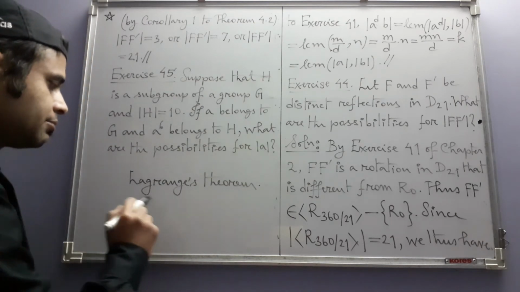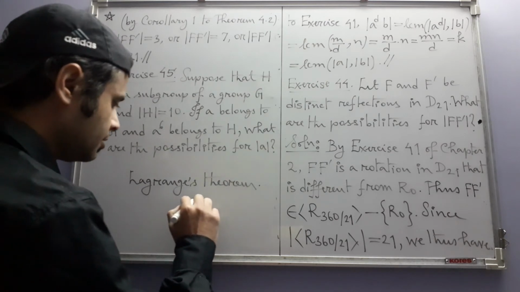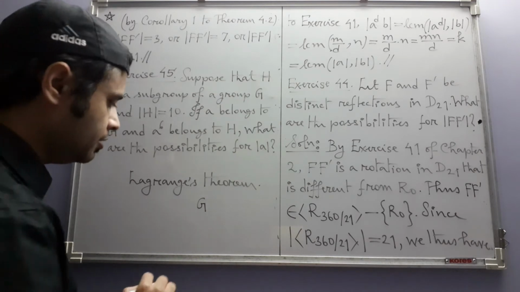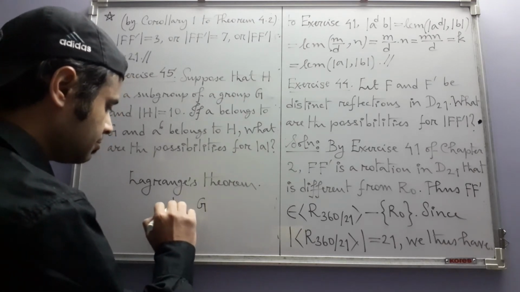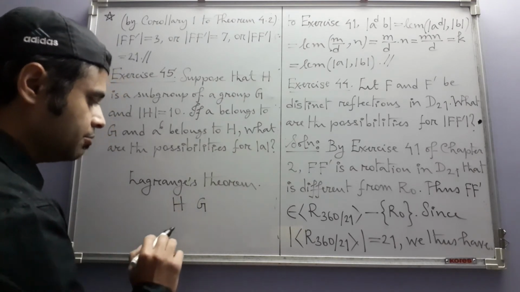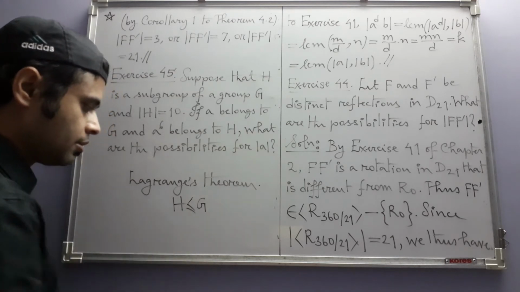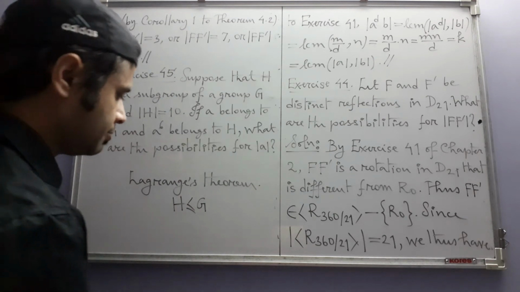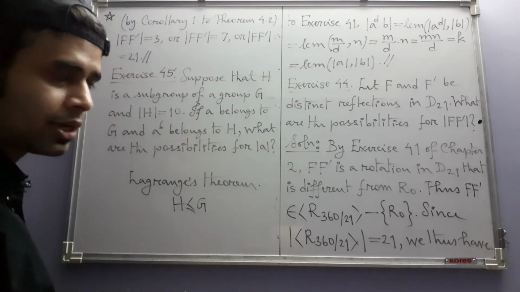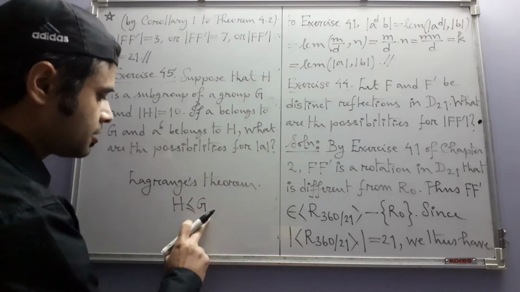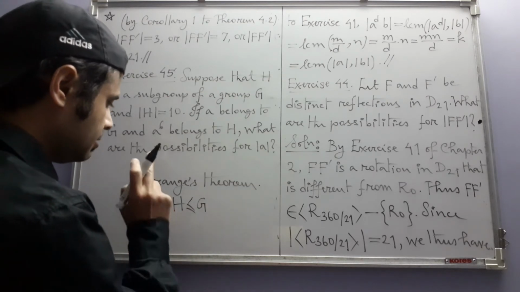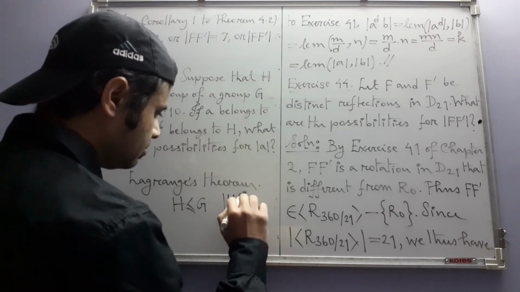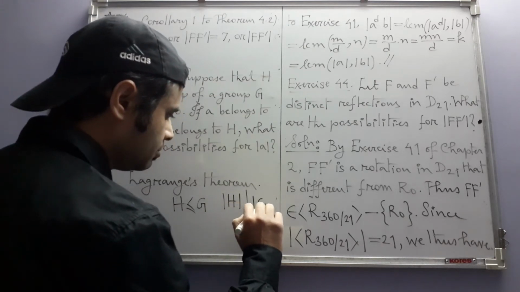The statement of the theorem is very easy. Say you have a finite group G and you have a subgroup H of G. Then H is also finite, so the orders of G and H are both finite. This theorem says that the order of H divides the order of G.